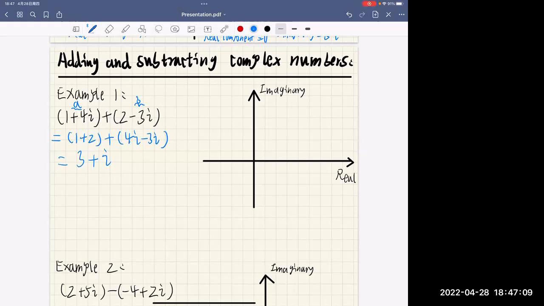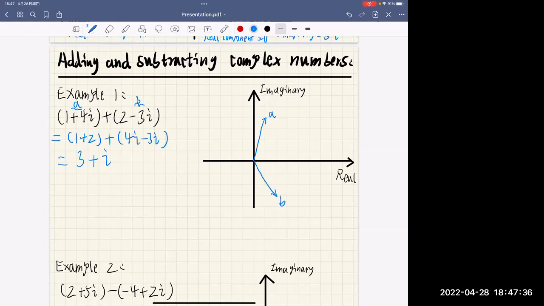Now let's illustrate this addition on a real imaginary graph. We can draw a vector from the origin for A and also draw a vector for B. So A, 1 plus 4i, should be here, right? This is A. And for B, 2 minus 3i should be here.